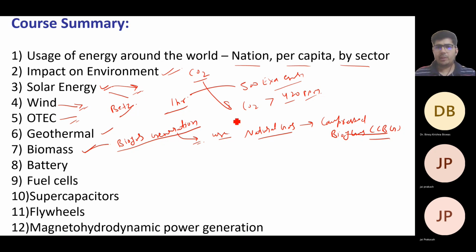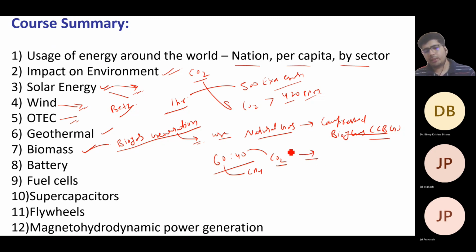You can generate the CBG from biogas because the raw biogas is having approximately a 60/40 ratio: 60% CH4 and 40% CO2. So there are a number of upgradation technologies available like water scrubbing, pressure swing adsorption.